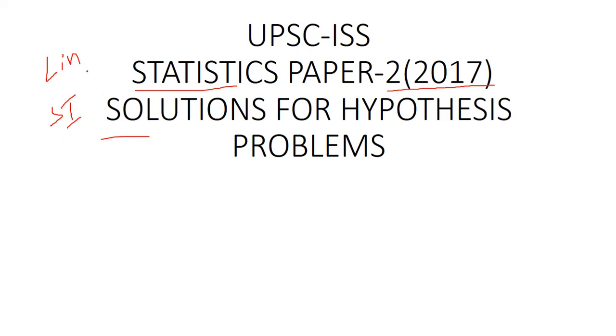In statistical inference we have estimation and testing of hypothesis. In testing of hypothesis we can get 10 to 20 questions from each and every year. Now we discuss a few questions with solutions from year 2017.